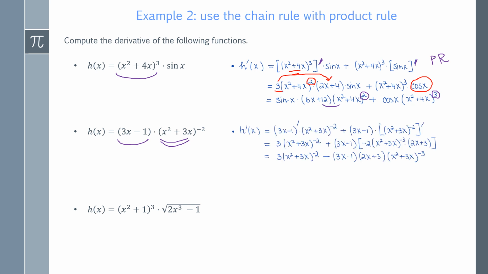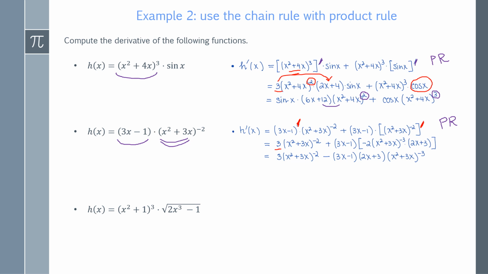Okay, I'm applying the product rule first, so that is my first line. So here's the prime for 3x minus 1, and then the prime for the second function. The derivative of 3x minus 1 is simple, that's just 3.